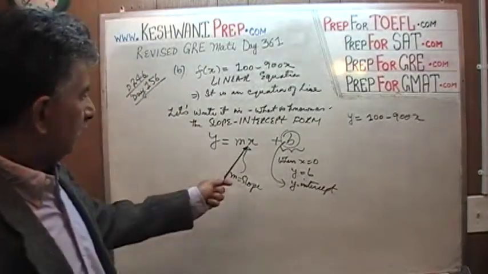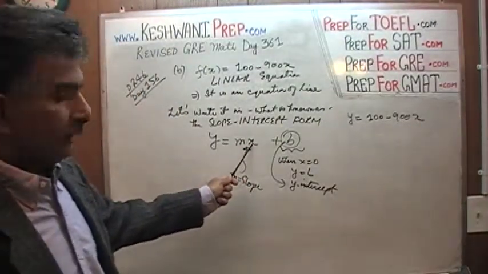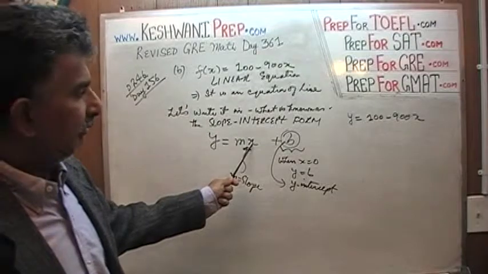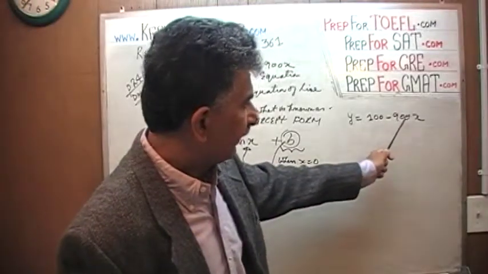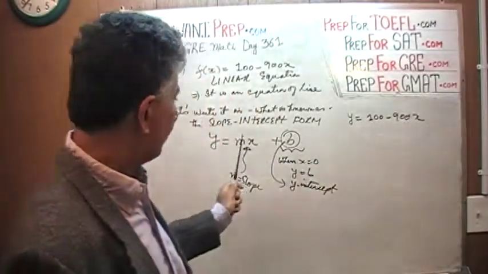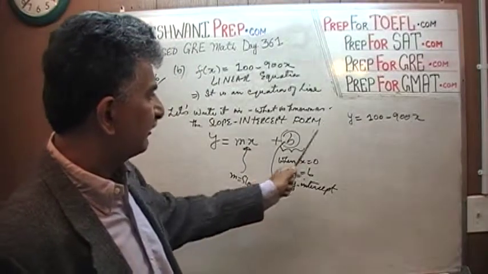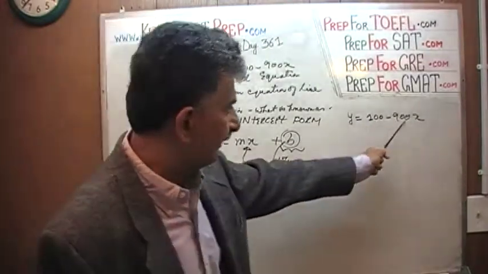M is the slope, x is the variable. So this x part, this is your m. This has to be written first, mx, and then b is the constant, which is 100 here. So we have to write this first and then that.